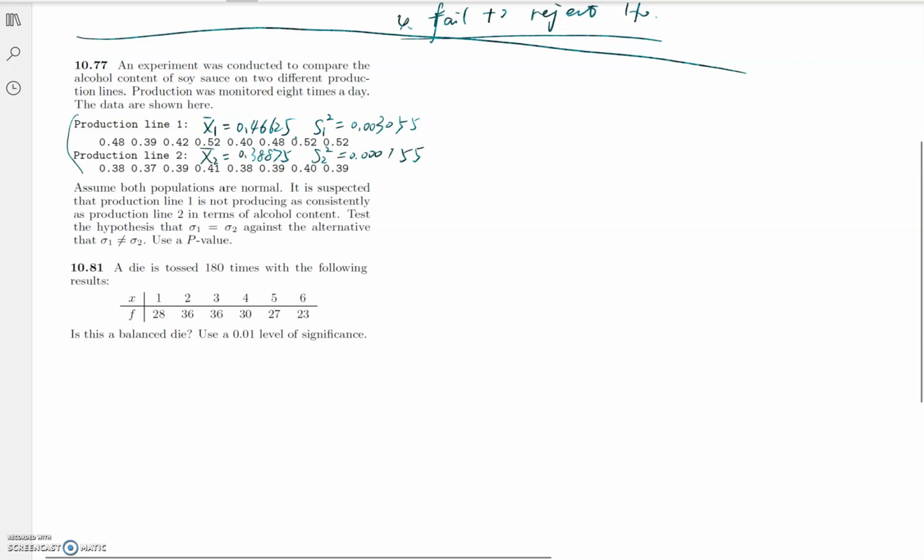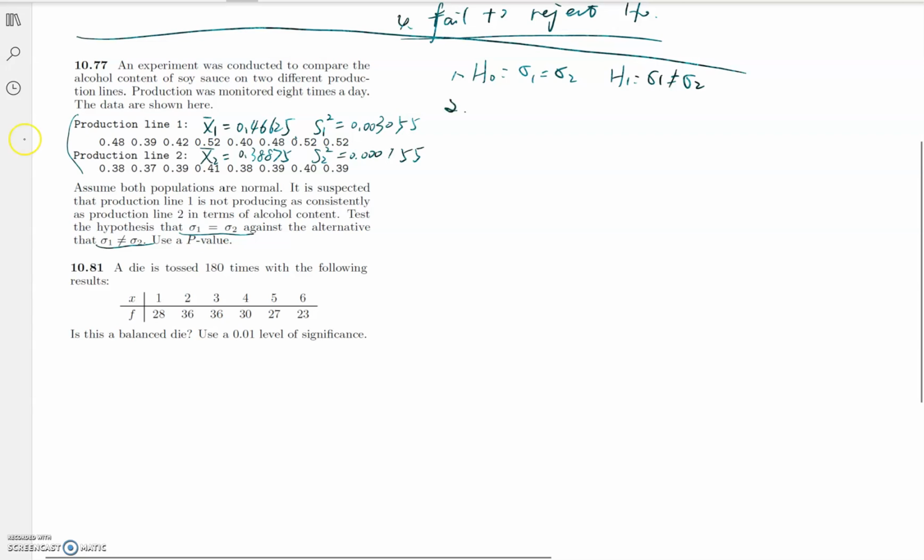Assume both populations are normal. It is suspected that production line 1 is not as consistent as production line 2. So the null hypothesis is sigma 1 equals sigma 2, and the alternative is sigma 1 doesn't equal sigma 2.